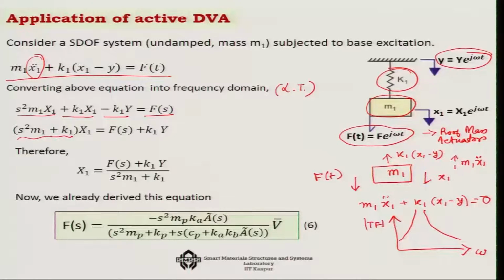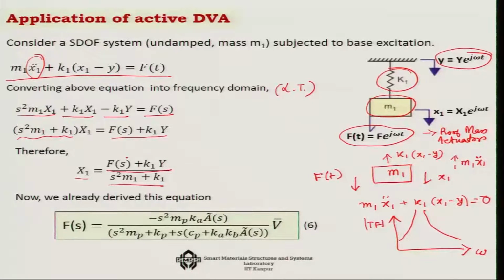So, it is (s square m1 plus k1) x1 equals F(s) plus k1 y. In other words, x1 equals (F(s) plus k1 y) by (s square m1 plus k1). So, this is what we are going to see in terms of a relationship between x1 and y, the base excitation input.